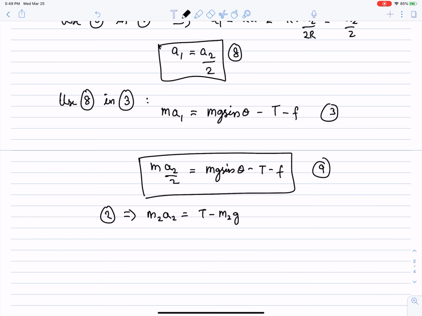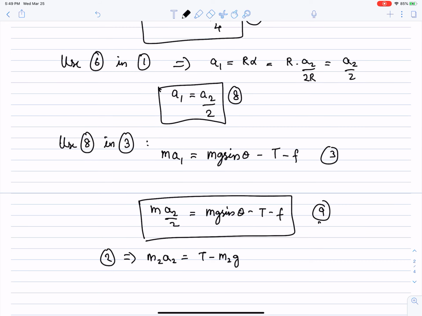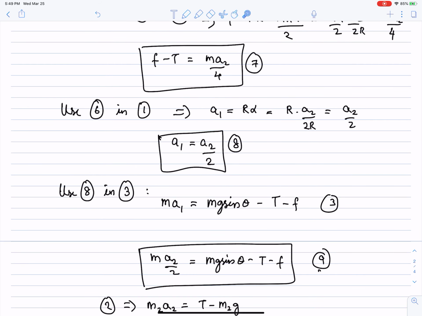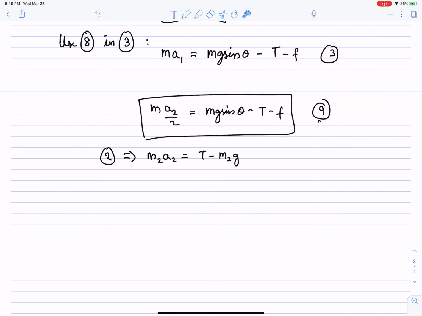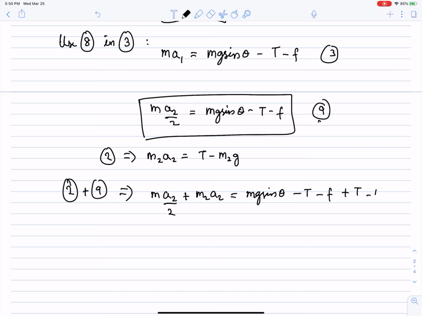So we have these three equations: equation 9, equation 7, and equation 2. We can eliminate T from equation 9 and 2 by adding them. So let's add 2 plus 9, which gives M A2 by 2 plus m2 A2 equals mg sine theta minus T minus F plus T minus m2g, and the T gets cancelled.